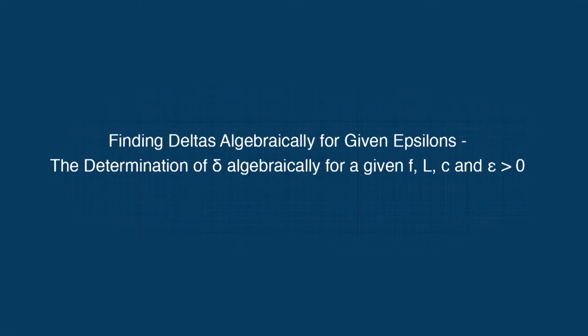Finding deltas algebraically for given epsilons: the determination of delta algebraically for a given f, L, c and epsilon > 0. In the examples considered so far, we immediately got delta corresponding to a given epsilon > 0. In practice, that may not be the case.